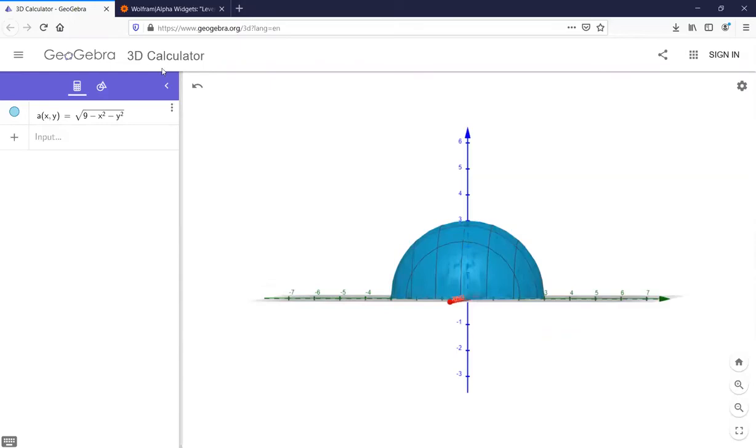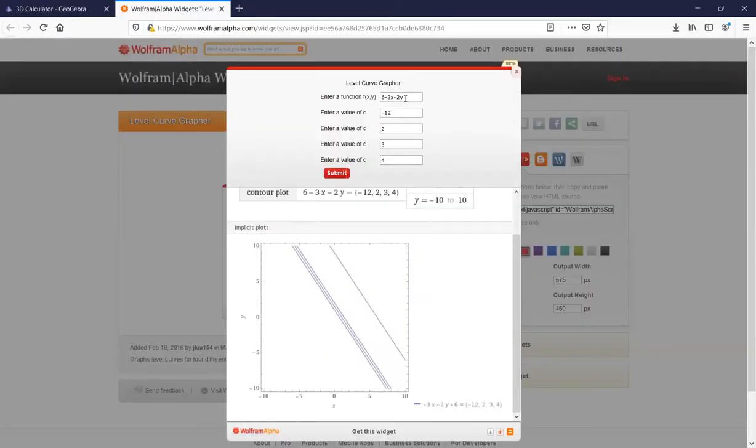Let us take a look at our Wolfram. So here we have the square root of 9 minus x squared minus y squared. And k is equal to 0.